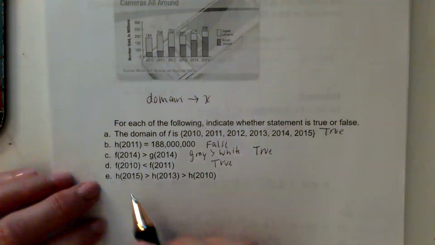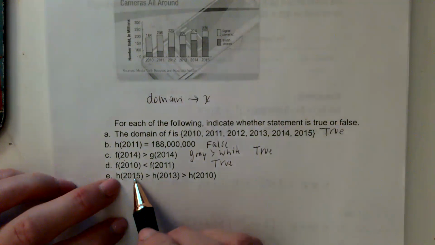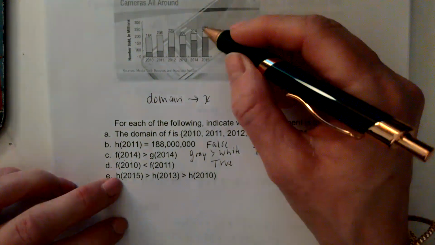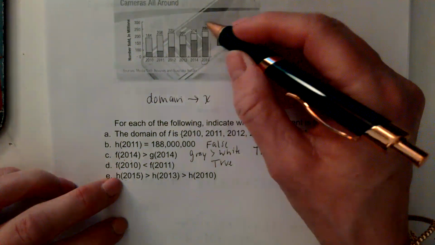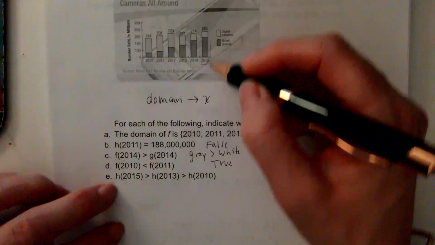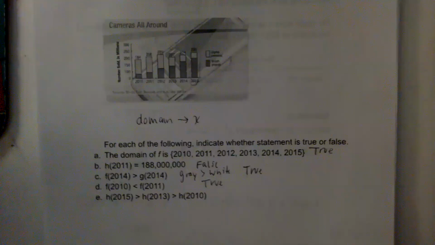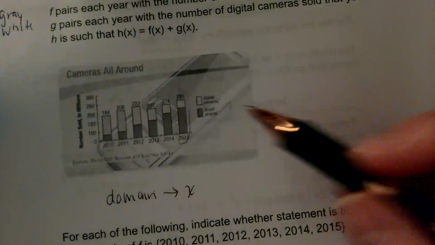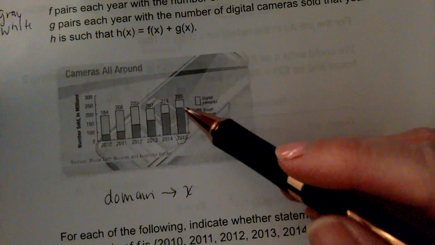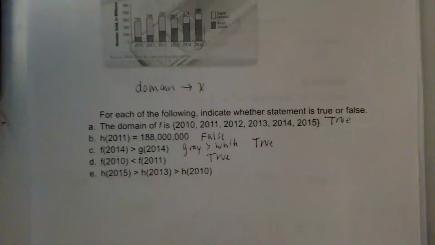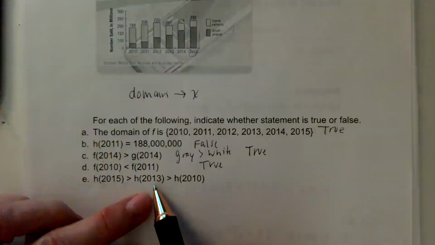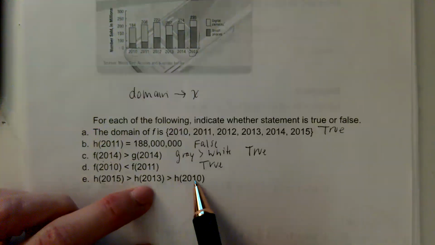And then E says H of 2015, so that's them all added together, which is up here in the graph, all of this, 226, is greater than if we add H of 2013 and H of 2010.